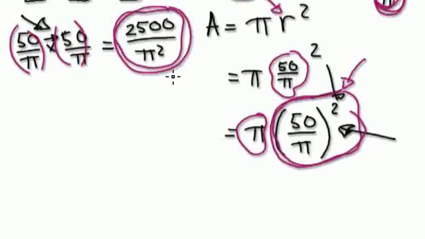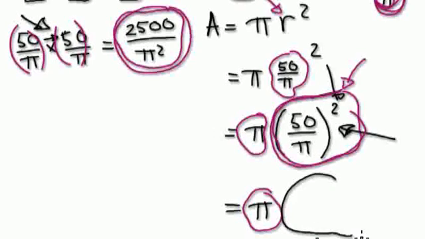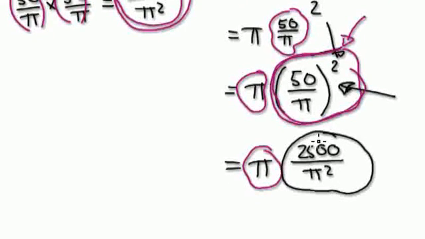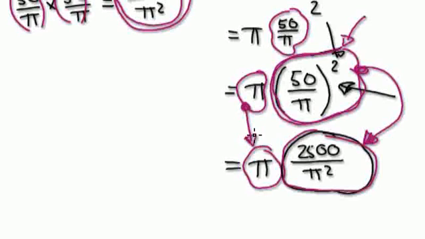Okay. So hang on. So let's put it into here. So it's pi here. This is our first bubble here, and the second bubble is 2500 over pi squared. Okay. That's what it becomes. So this big bubble here is this thing here, okay, and then this is this here.